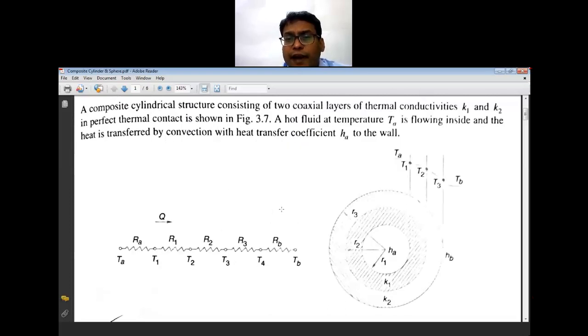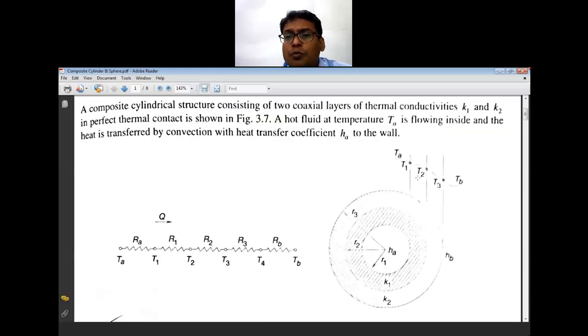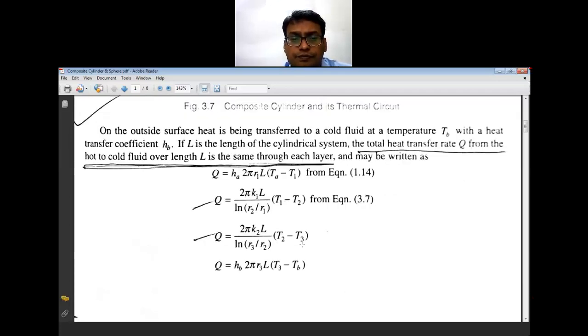The temperature differences are T1 minus T2 for the first case and T2 minus T3 for the second cylinder.